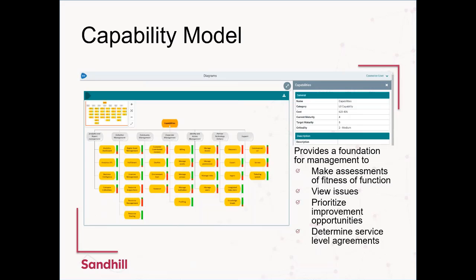And this is independent of the IT systems, who does it, and what processes we've got. It gives us a way to see the capabilities and their fitness for purpose, and so we can start performing analyses here.